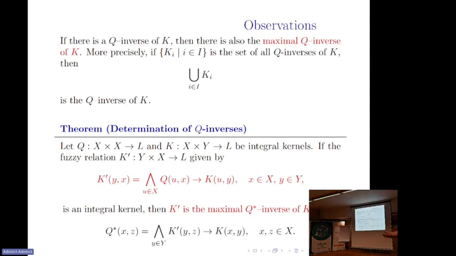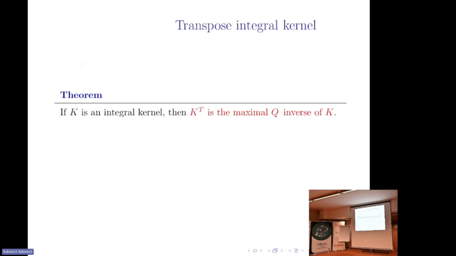So from Q, which is some kernel on X, and some K, we can determine the inversion of K with respect to some Q prime. Sorry, Q star.